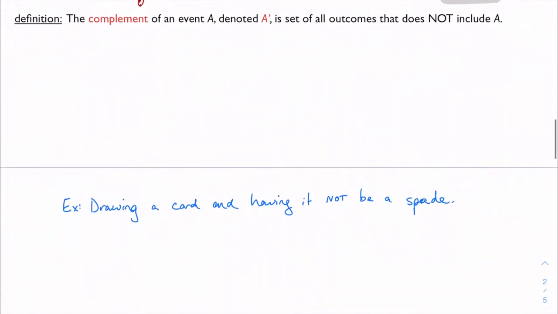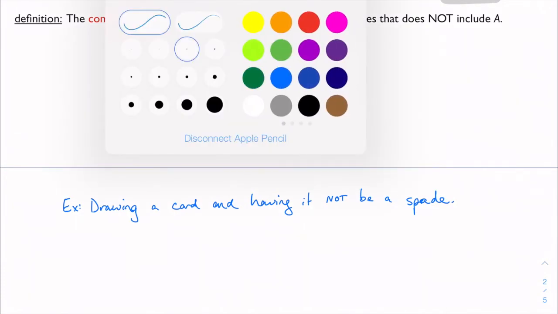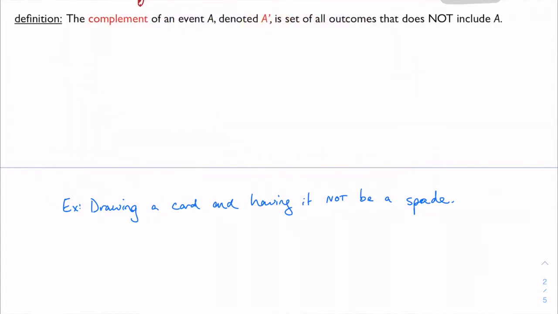The last thing we're going to talk about is that sometimes it's easier to calculate the odds of your event not happening and use it that way instead. Depending on the thing I give you, it might be easier to think about what happens when the event is not going to occur.